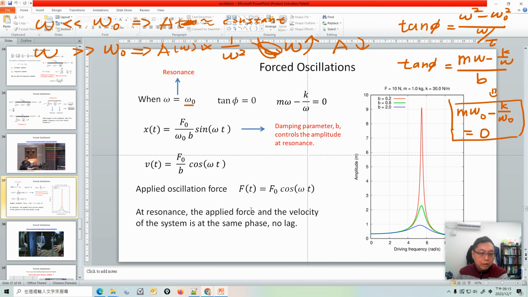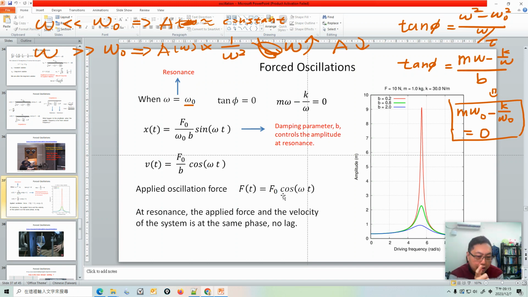This tells you that at resonance, your applied force and your velocity are in the same phase. There is no lag because tangent phi is 0. So at resonance, your system responds to the applied force very immediately.